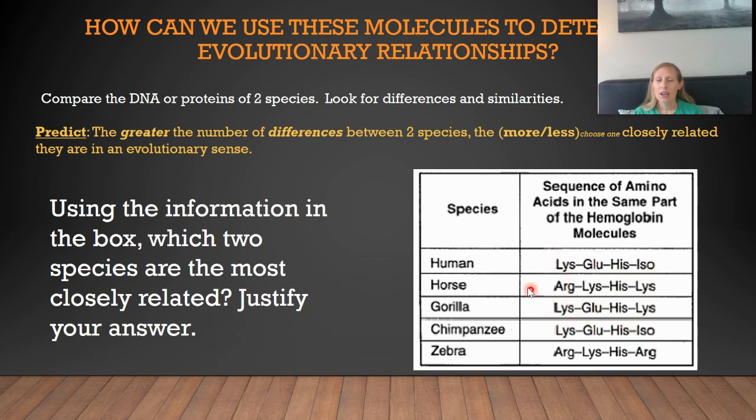But you notice that the horse and the zebra are almost exactly the same, arginine, lysine, histidine, but that fourth amino acid is different. So the horse and the zebra have more differences compared to them. You can look at the gorilla compared to the human and the chimp. The first three are the same, but its fourth one is different. So we can start to create these relationships to show how closely related species are to each other.